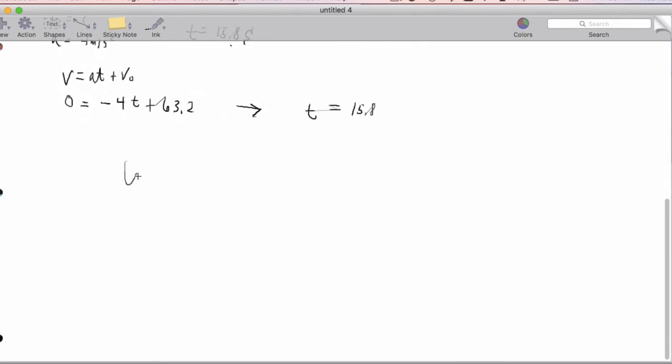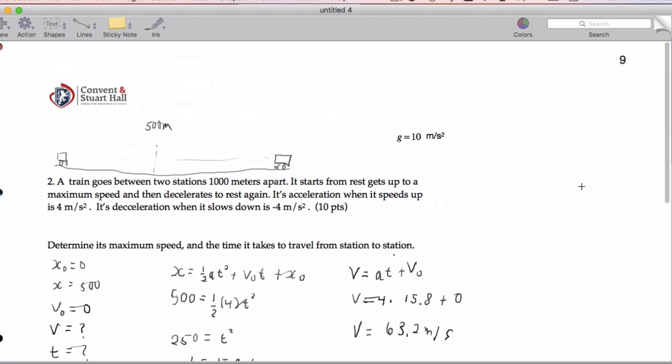So the total time is going to be 31.6 seconds, and the v maximum is going to be 63.2 meters per second. All right, so that's it for question number 2.